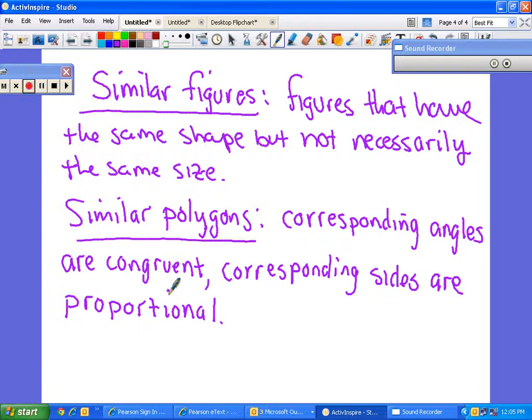Alan, when we talk about the concept of corresponding angles, what does that mean to you? Yes.